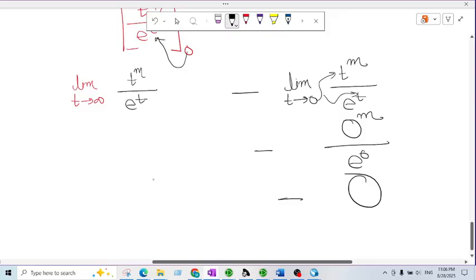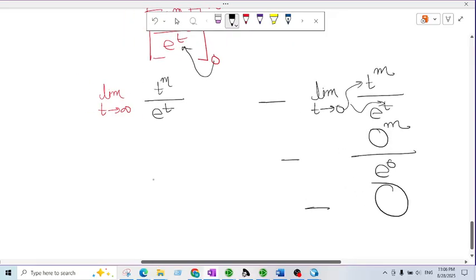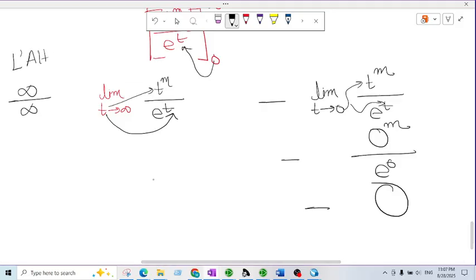But you have to focus on the first term, because if you put this t here you will get infinity, if you put this here you will get infinity. So infinity by infinity, that means you have to now apply L'Hopital rule.